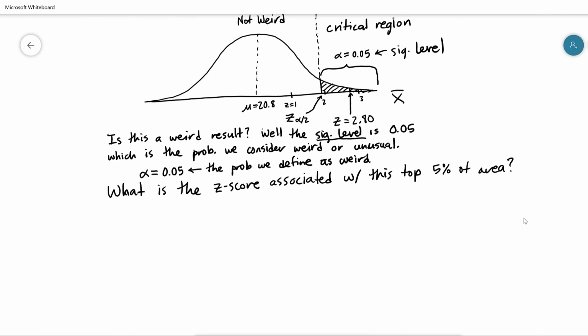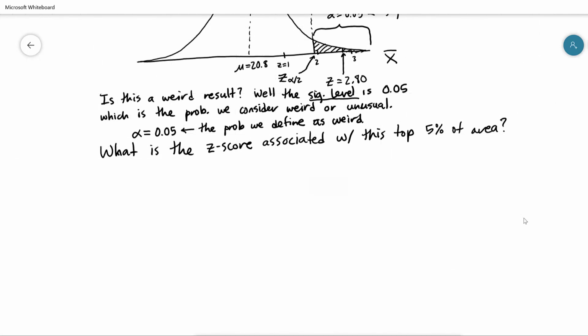What is this value? It's called the critical value. And it's exactly the same as the critical value that we used when we were doing our confidence intervals.